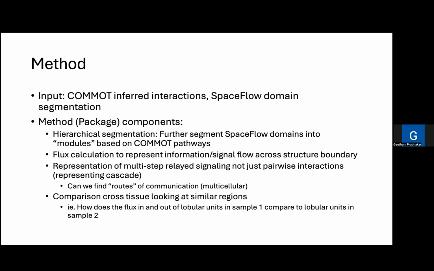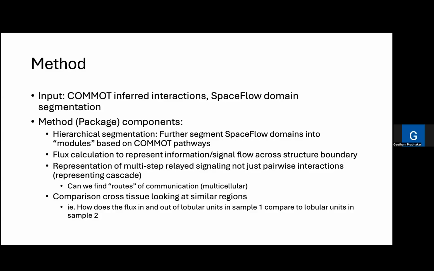It's based on gene expression and coordinates, but it's looking more at the cell inference from Comet. So pretty much anything inference related is based on Comet, and then actually looking at the localized regions in the tissues is from SpaceFlow.